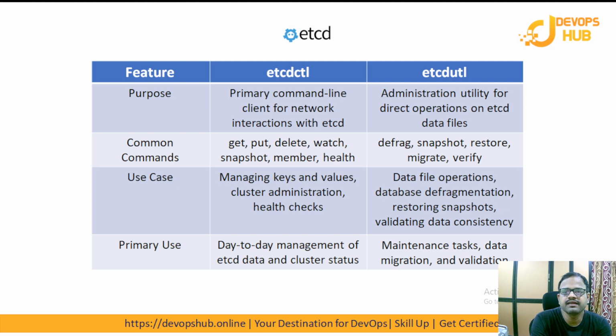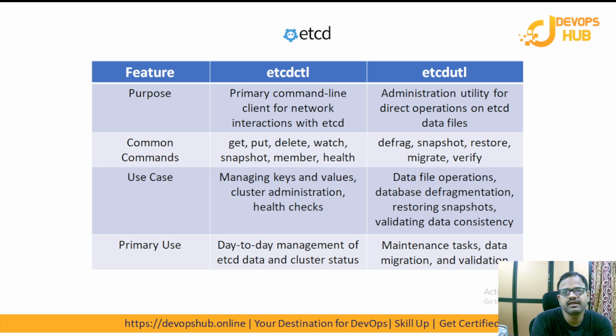And etcdutl mainly focuses on working at the low level, the etcd data files level, such as defrag, restoring a snapshot, or verifying a snapshot. For these kinds of management tasks, you are going to use etcdutl.